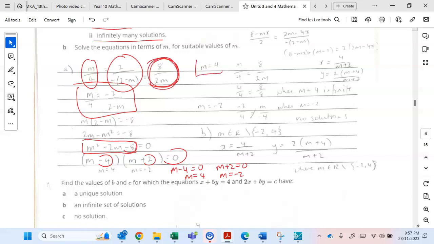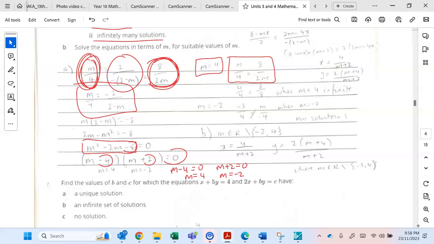All right, so I'm going to substitute in m equals 4, first of all. So just testing its ratio with m over 4 equals 8 over 2m. So I'm using this m over 4 because remember, if the ratios are equal for all three, then they're the same line. All right, so when I substitute 4 in, I get 4 over 4 and 8 over 8.